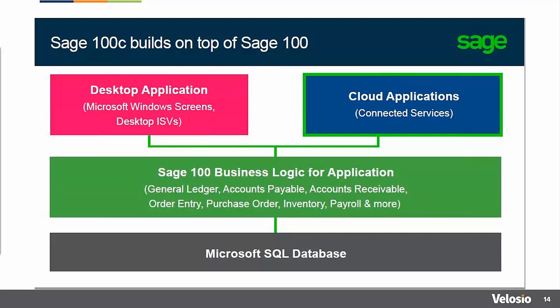You're talking about your ISVs at this point. So you've got cloud applications that are connected to Sage in their cloud. You have your third-party desktop applications that are outside, and that's how they're doing it. So they're basically saying Sage 100C builds on top of Sage 100, which is exactly what it's doing. It's just adding different layers of where the information is stored.